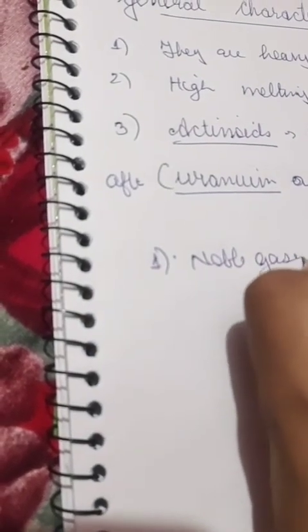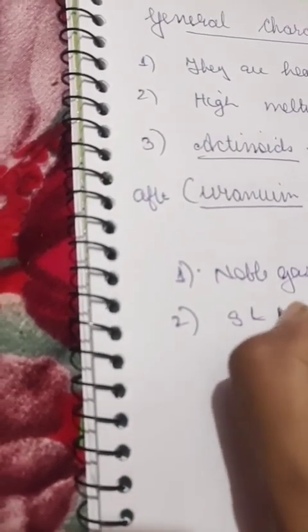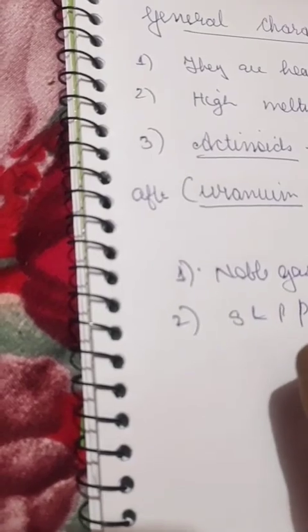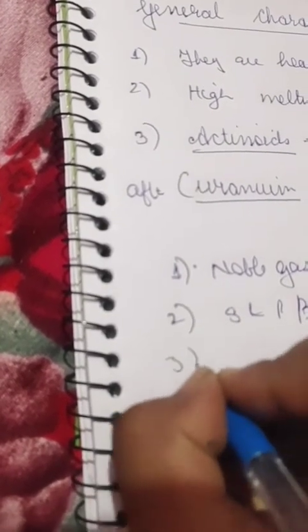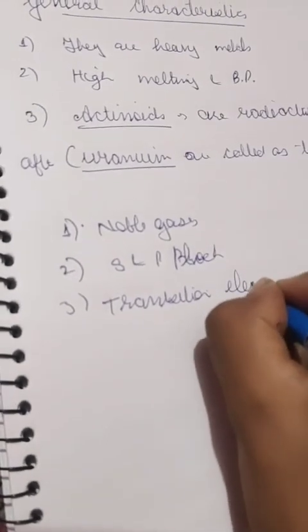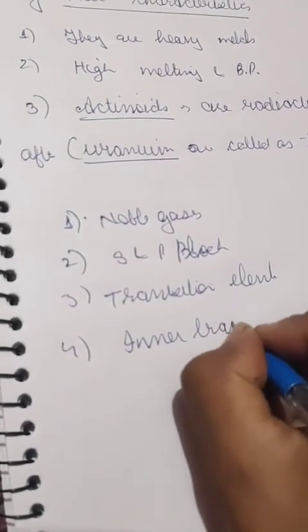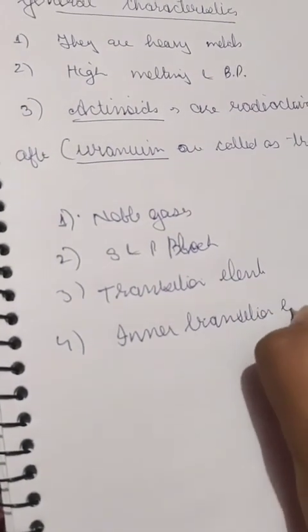On the basis of all the four blocks, the elements can be classified into four general types, which are noble gases, the representative elements of the s and p block, then transition elements, and the inner transition elements.